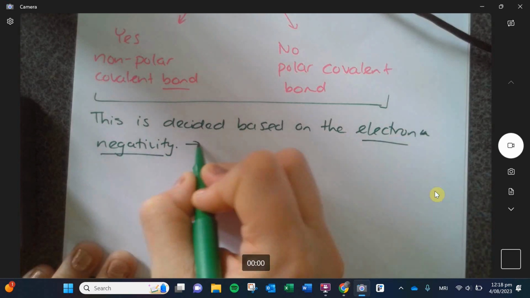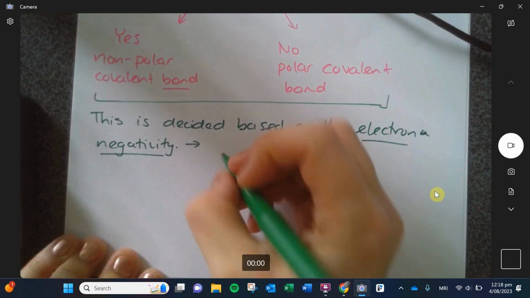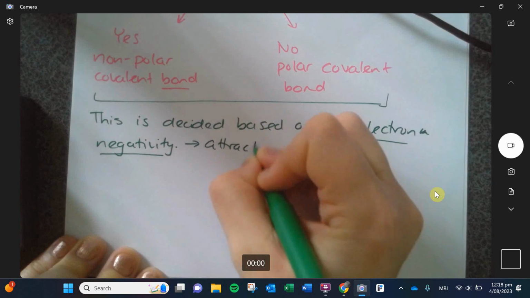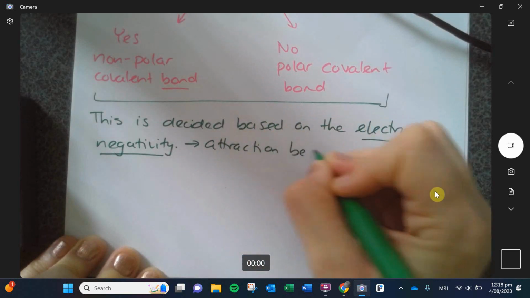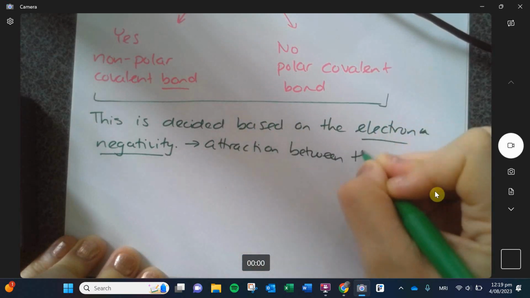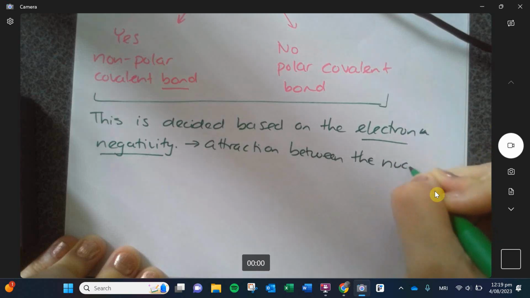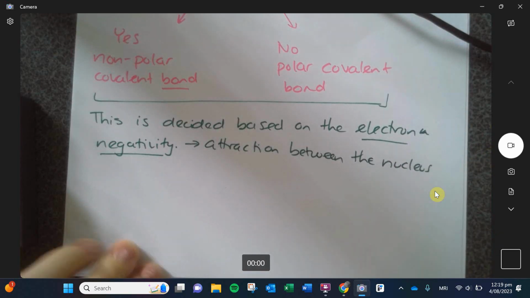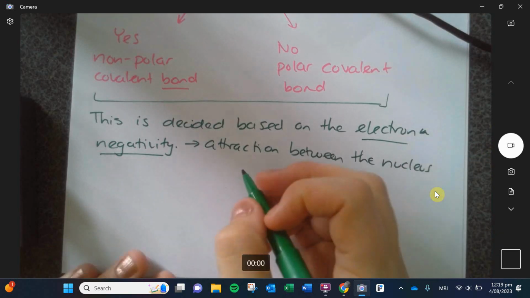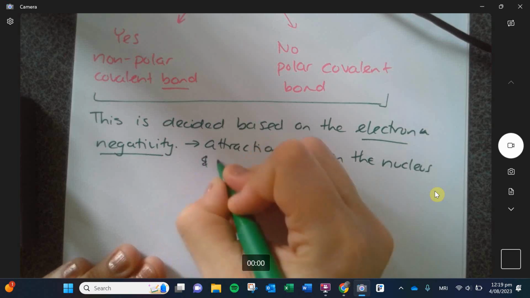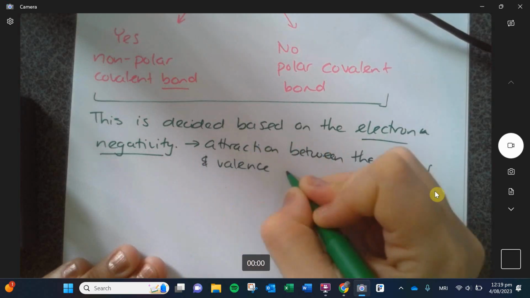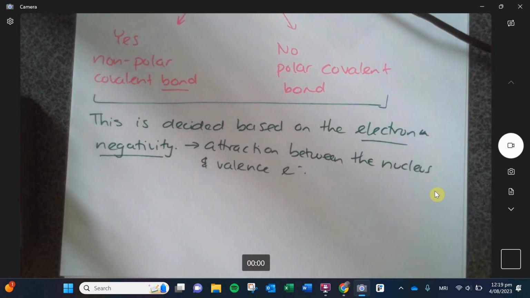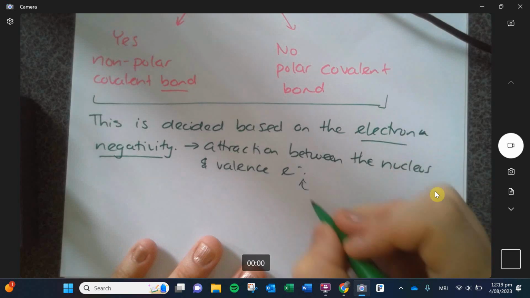So electronegativity is referring to the attraction between the nucleus and the valence electrons. So FYI, we did this in periodic table trends.